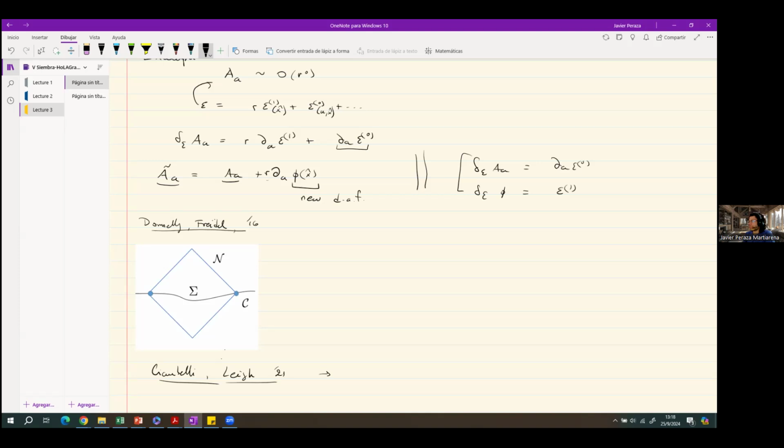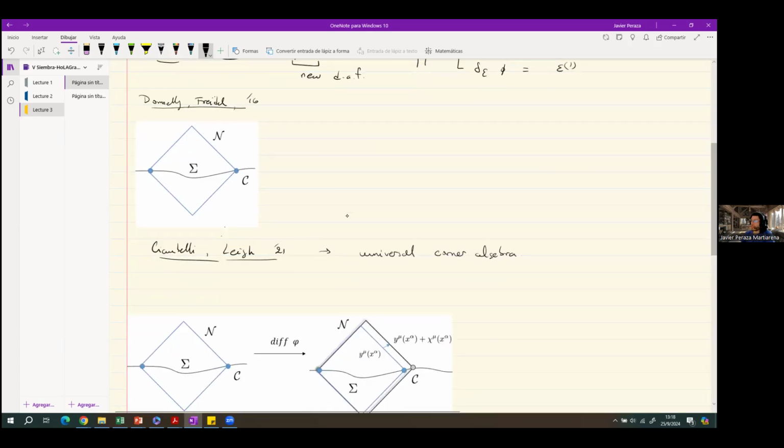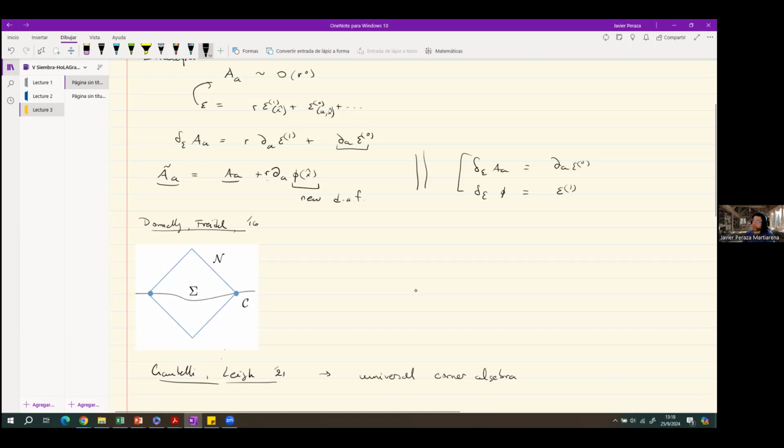They construct the universal embedding corner algebra. Universal corner algebra, which is the maximal algebra of diffeomorphisms that preserve the corner. Or better said, you take all the diffeomorphisms that preserve the corner, and from those diffeomorphisms you construct the maximal closed subalgebra spanned by them.